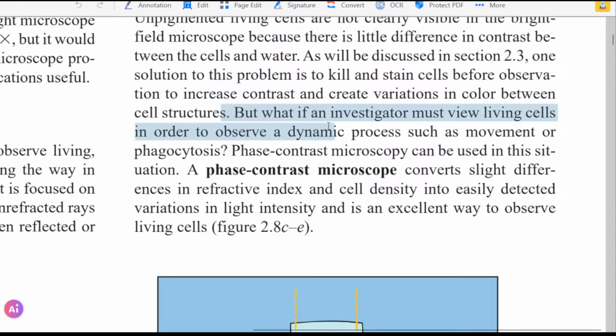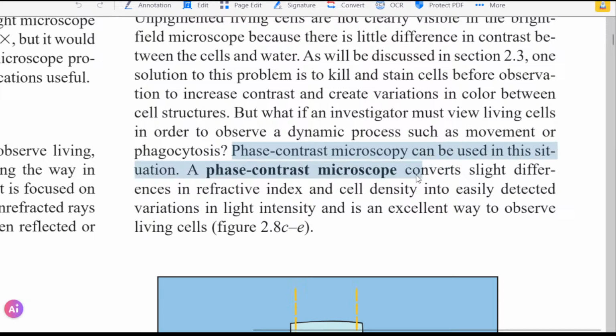But what if an investigator must view living cells in order to observe a dynamic process such as movement or phagocytosis? What if an investigator wants to study the living cell as it is, like how it does phagocytosis, which means the process of eating by a cell? Phase contrast microscopy can be used in this situation.